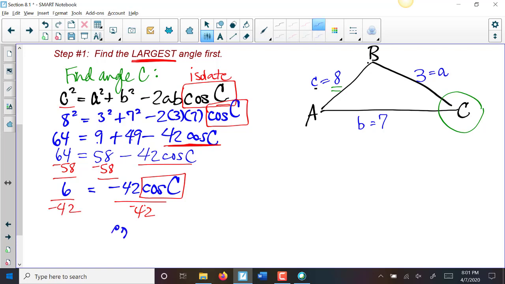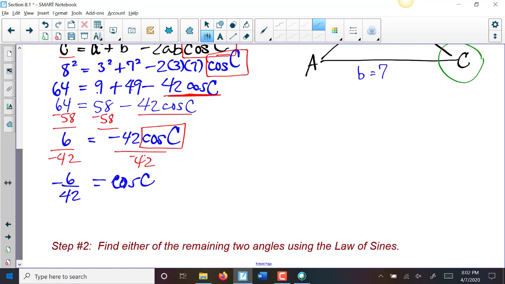So I have the cosine of angle C is equal to, now you can reduce it or you can leave it just like this, it doesn't matter. All right, so I'm saying there's an angle whose cosine is that.